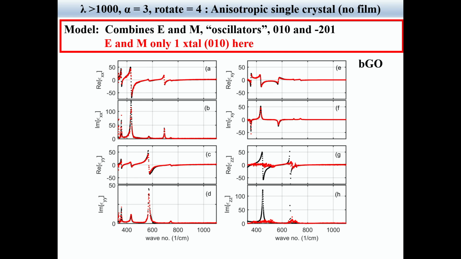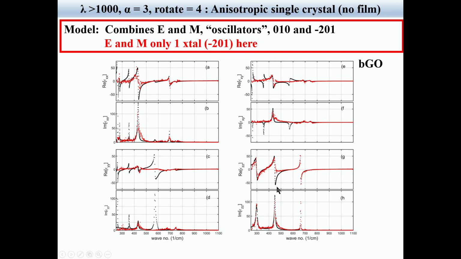And you can solve this individually at each point, which is what we've done, and other researchers have used different approaches, and they are in general agreement. If we now take another crystal orientation and look at that, you can see that the ZZ can be picked up.